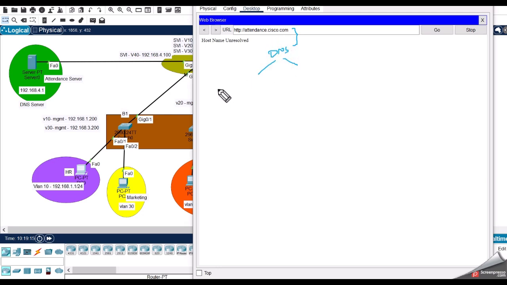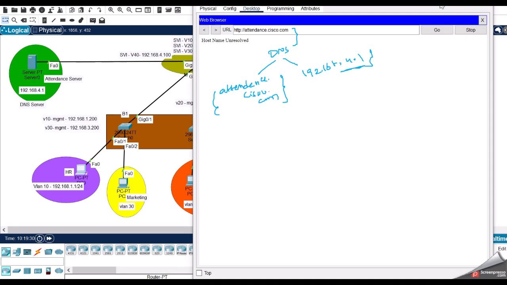So we need to make that server a DNS server. The IP of the DNS server is going to be 192.168.4.1, and in the DNS server we need to manually map a record to that FQDN. If anybody asks for attendance.cisco.com, you as DNS server 4.1 need to respond.